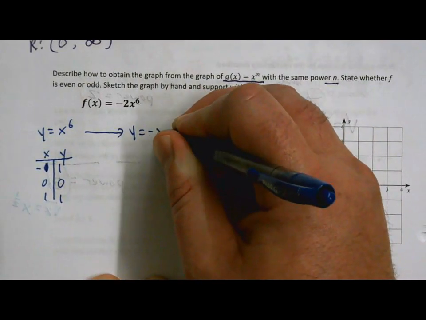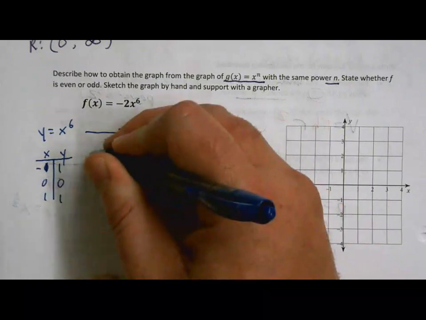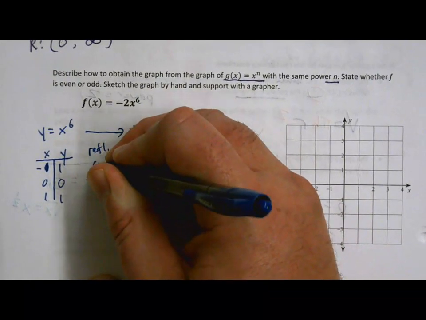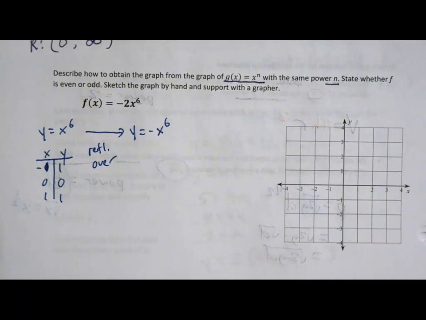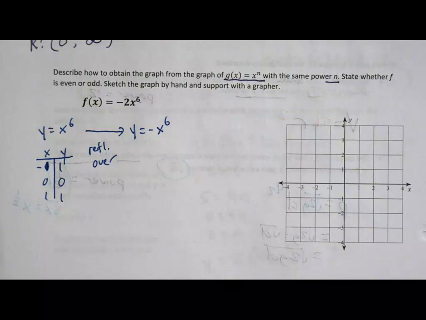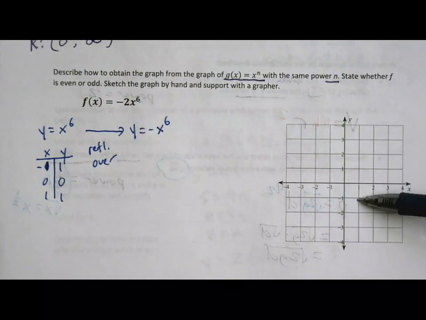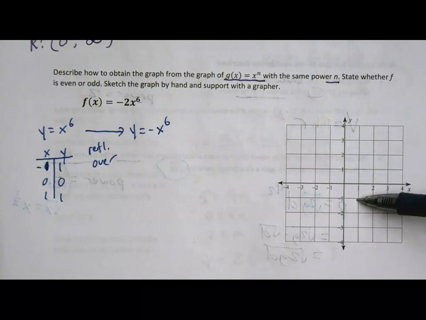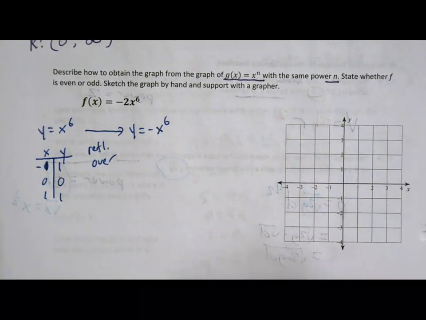Now it's negative x to the 6th. And that is a reflection over x-axis or y-axis. I always have to stop and think about this. It's happened on the outside, which means points would be moving vertically. If I move a point vertically, it looks like it's moving over the x-axis.